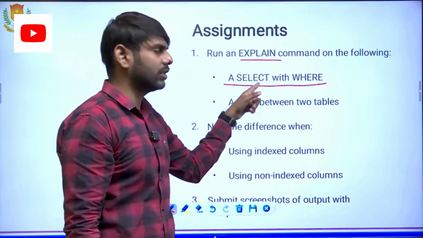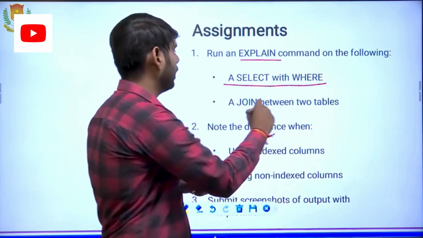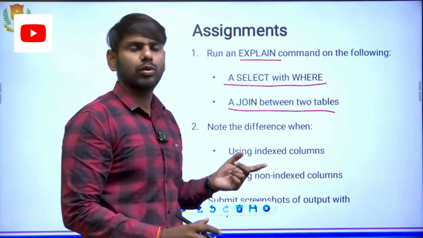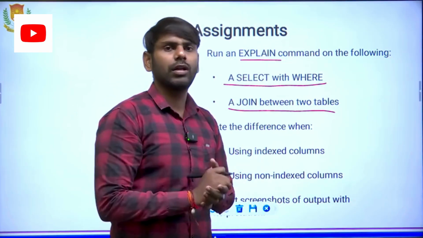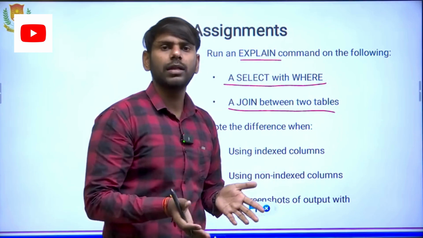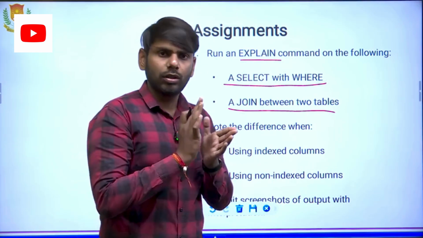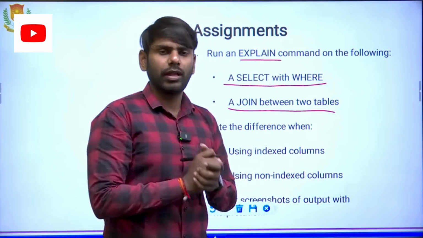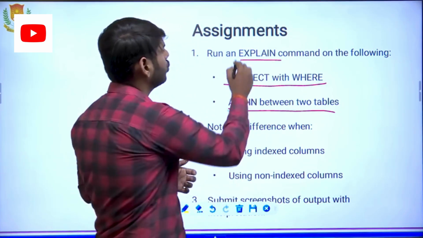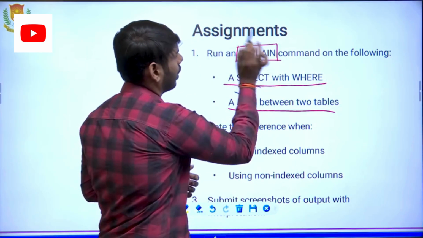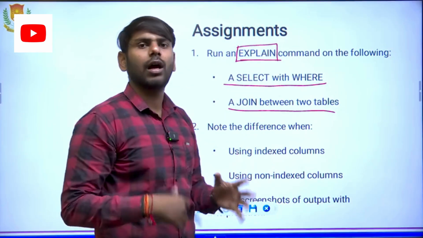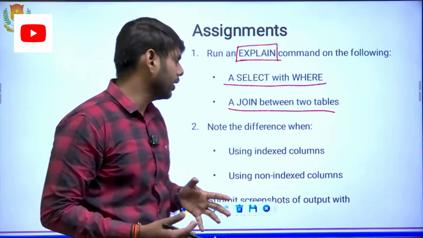You have to use this with this particular query, and then you have to join between two tables. For example, you are going to create two tables, then try to join those tables. Once you join them, use this explain command there and see the execution plan, how it is actually performing internally.